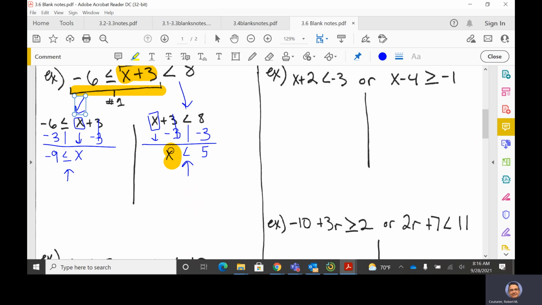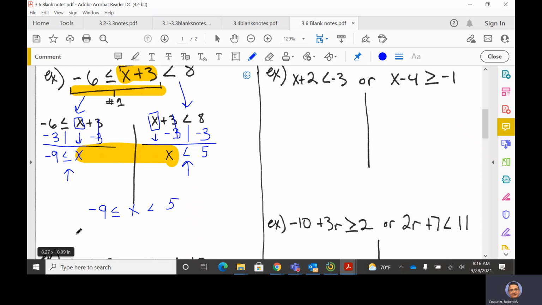We have to merge these two back together, because our answers are somewhere between -9 and 5. So when we go to rewrite that, we'll say -9, we use the symbol less than or equal to. We only need to write the x one time. The less than symbol comes by, and 5.